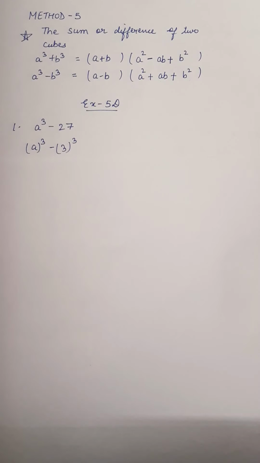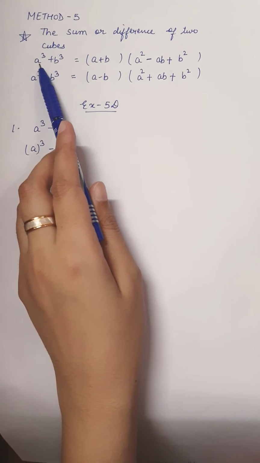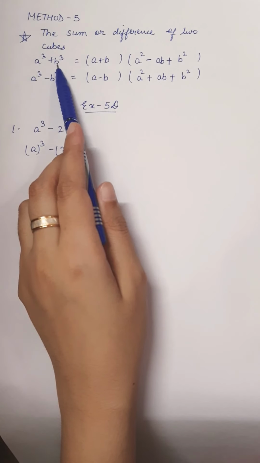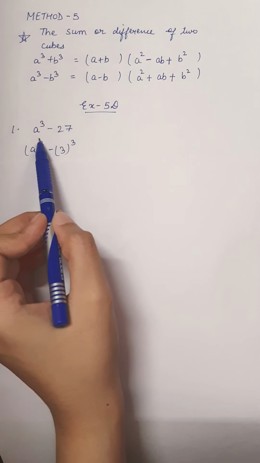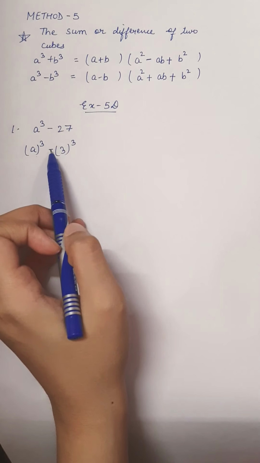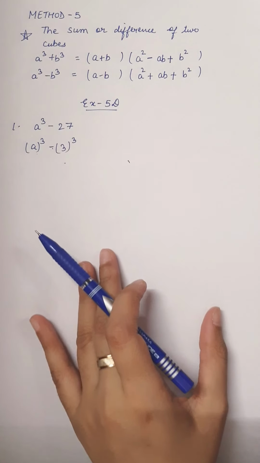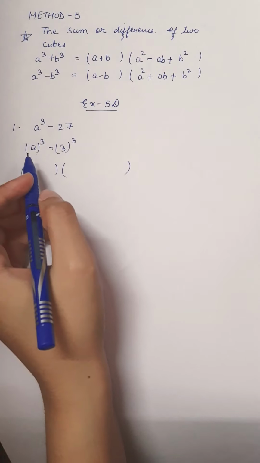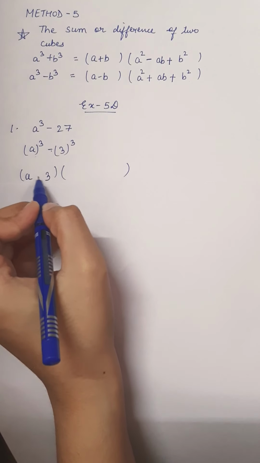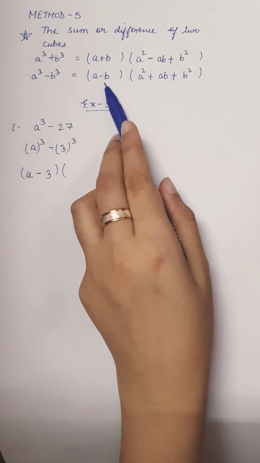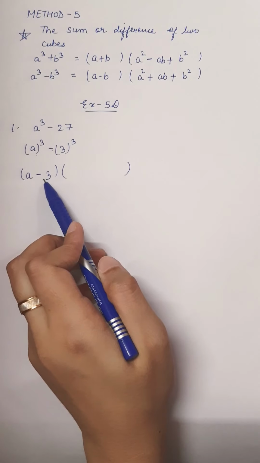Okay, exercise 5D. Let's apply this. The format is cube of a number and cube of another number with a plus or minus sign. So here cube of a and cube of 3 with a minus sign. So second identity, let's see. In the first bracket, I will write as it is with the minus sign, a minus b, that means the difference of two brackets as it is.